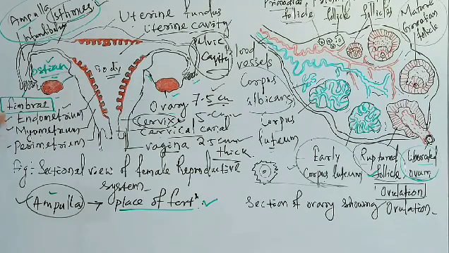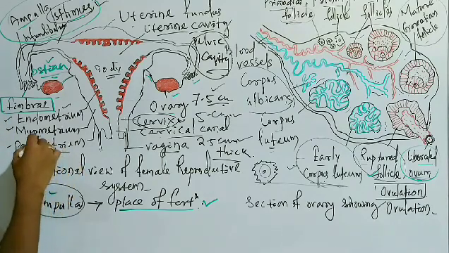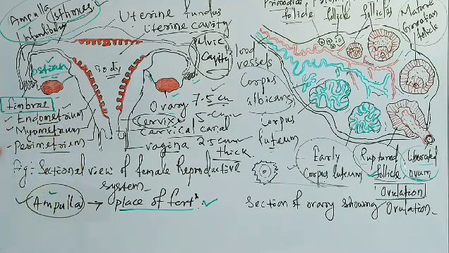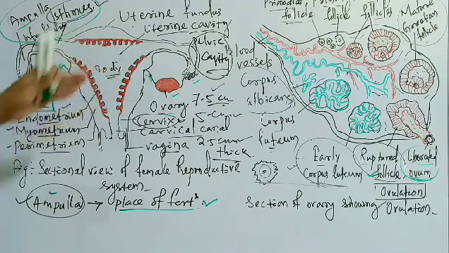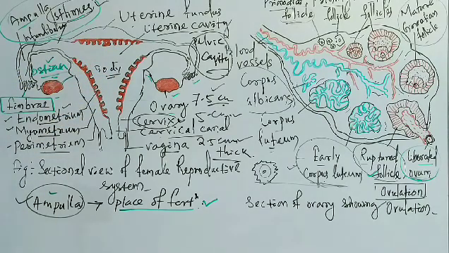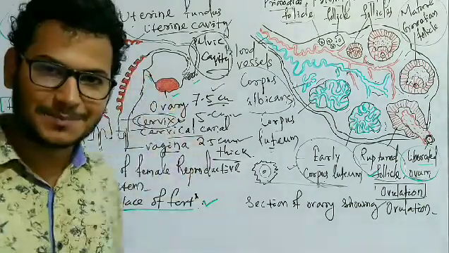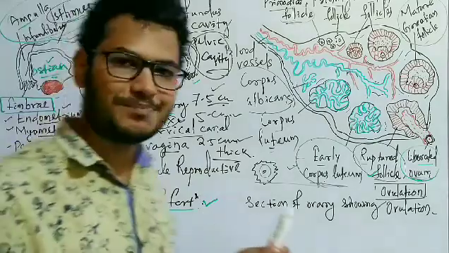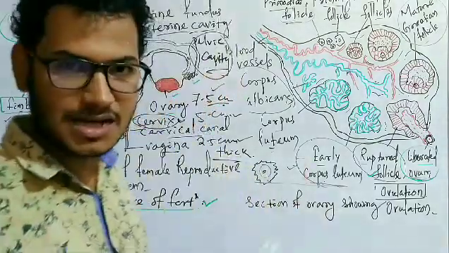Remember these 3 important walls: perimetrium, myometrium and endometrium. The uterine wall has the most important function because it is the home for the developing zygote.